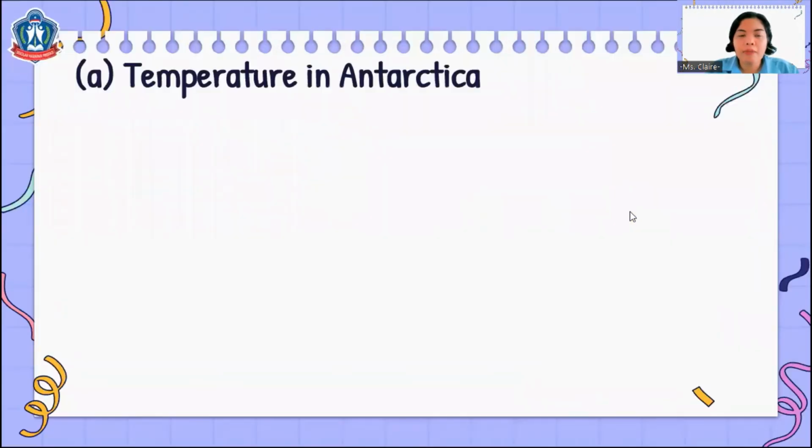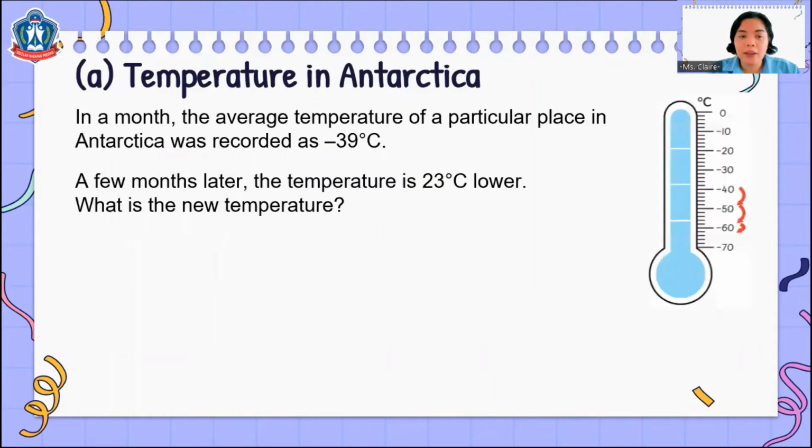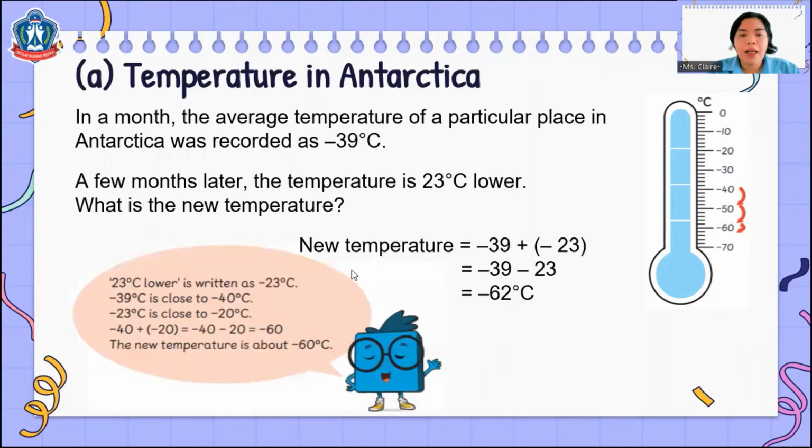Now let's study about the temperature in Antarctica. In a month, the average temperature of a particular place in Antarctica was recorded as negative 39 degrees Celsius. A few months later, the temperature is 23 degrees Celsius lower. So what is the new temperature?